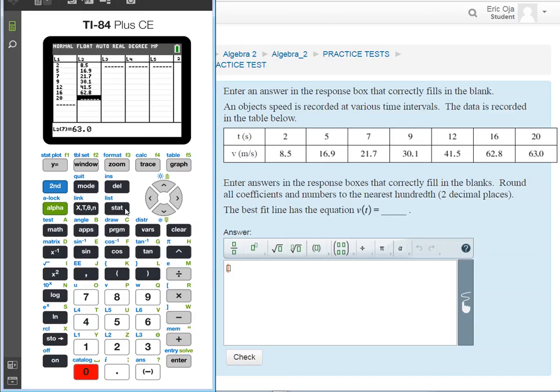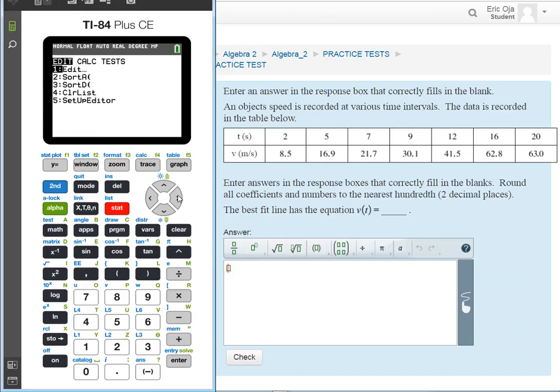Stat, Calc, 4, that's it. And then I just go down and hit calculate, and it generates the equation of the best fit line.